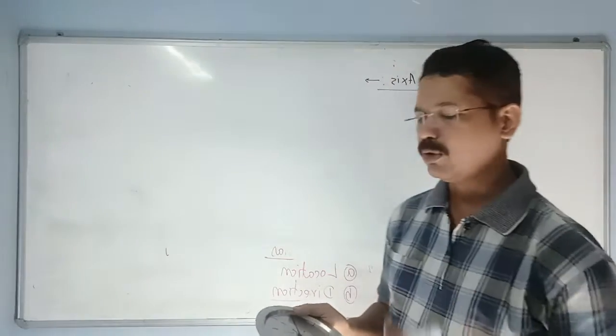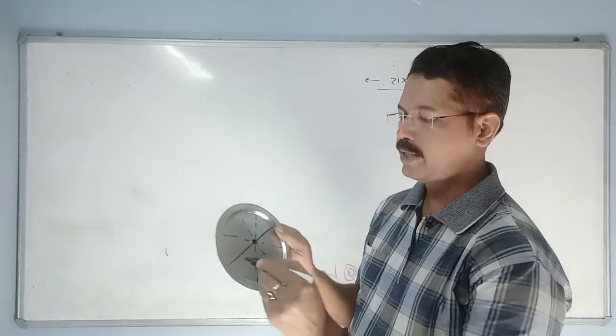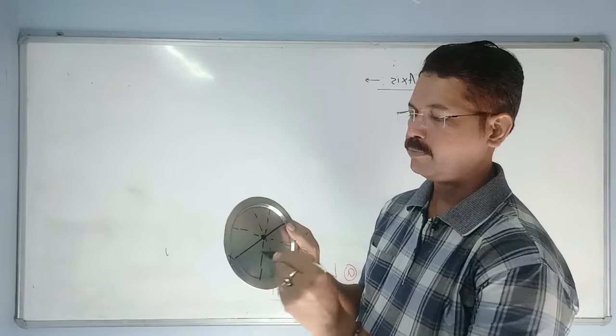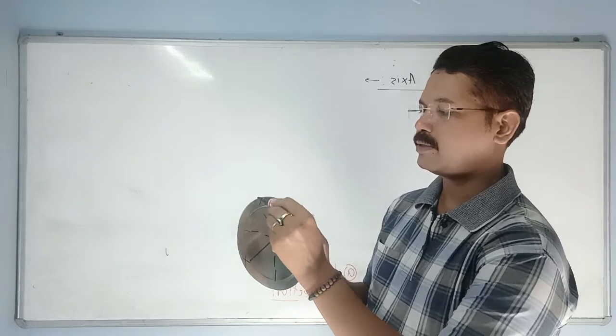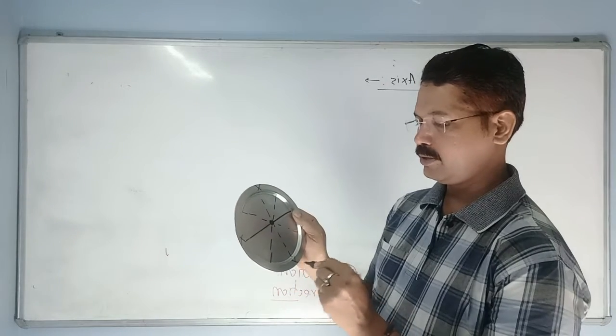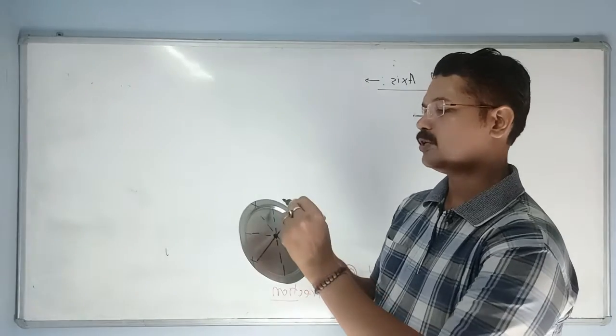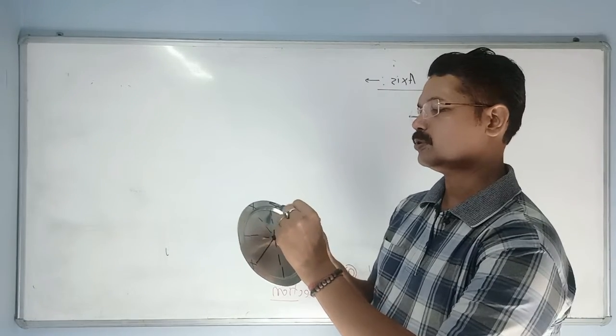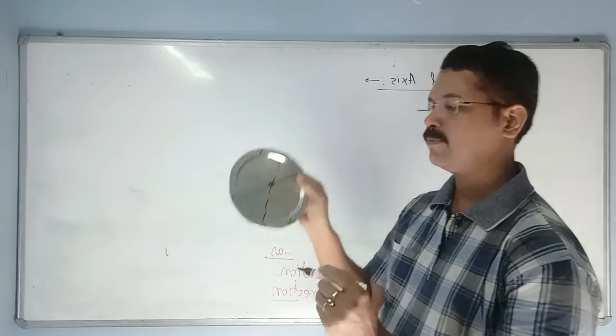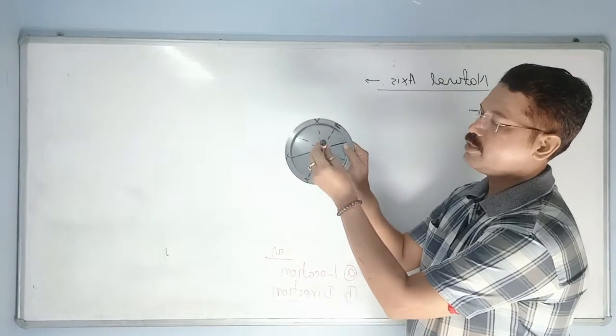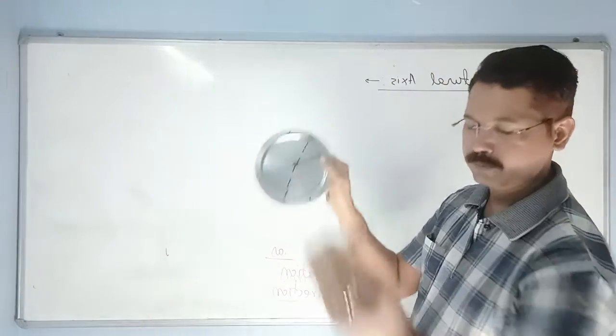So suppose there is the x-axis, there is the y-axis, and what is there? The z-axis. Suppose the z-axis is going along you.